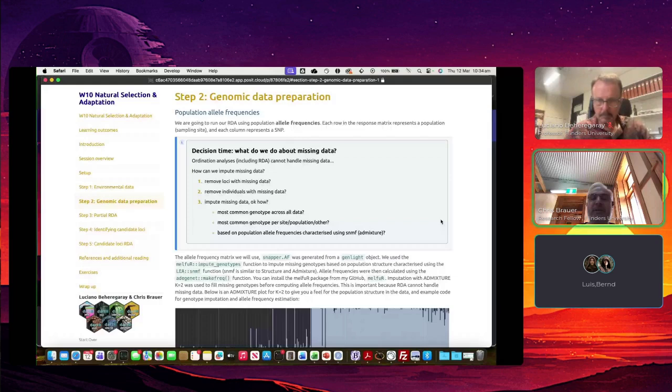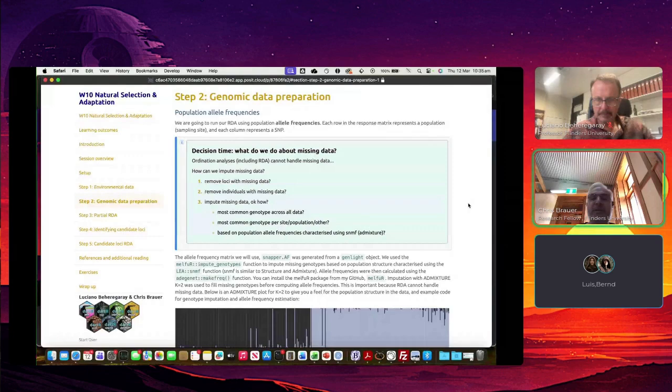But in either case, as Arthur said yesterday, ordination analyses don't cope well, or at all, with missing data. You need a full data matrix. With any genomic data, you're probably not going to have that to begin with; you're going to have missing data across your samples. So you need to think about the best way to account for that.